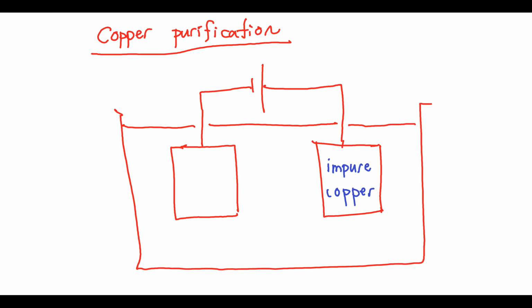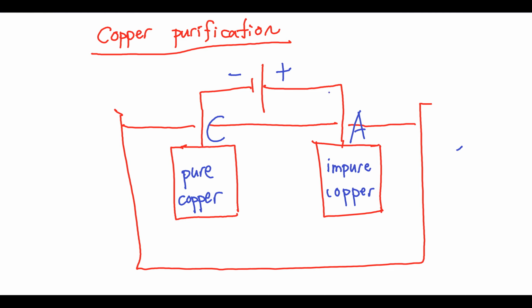You attach it to the positive end of the battery so that this impure piece of copper becomes the anode. On the other side, on the negative side of the battery, you connect a piece of pure copper. So this piece of pure copper becomes the cathode.